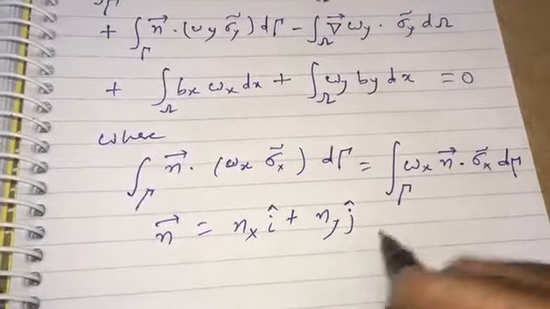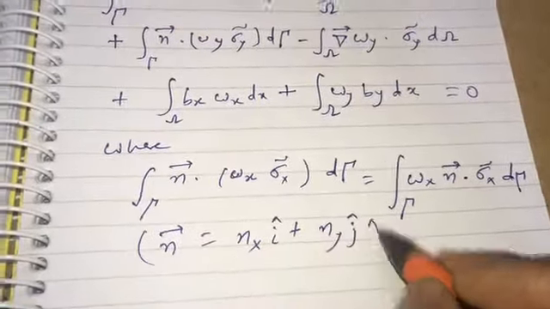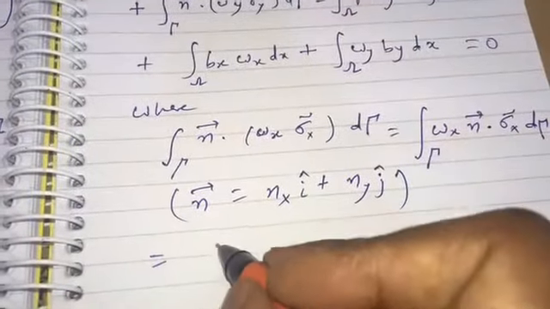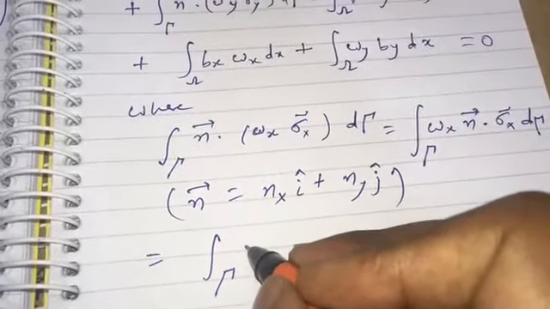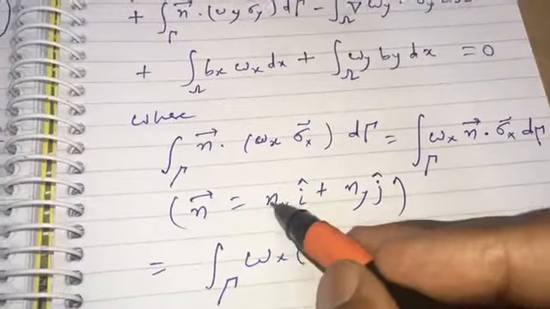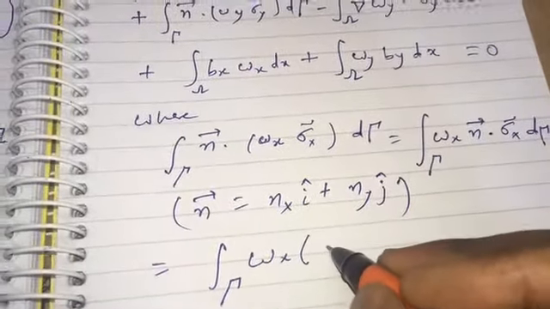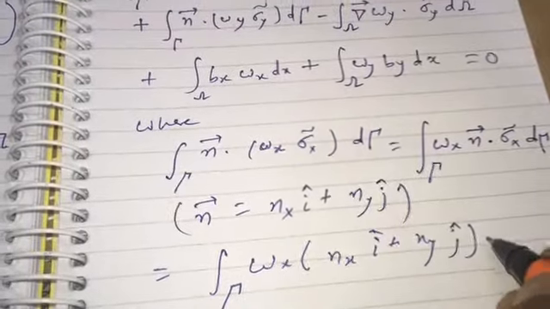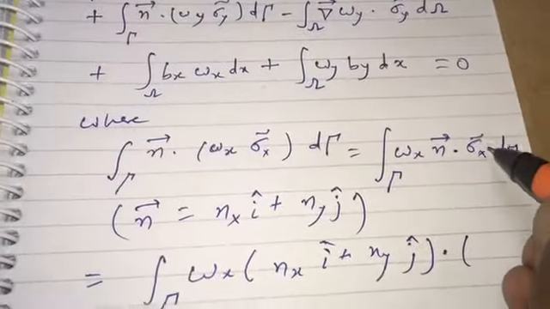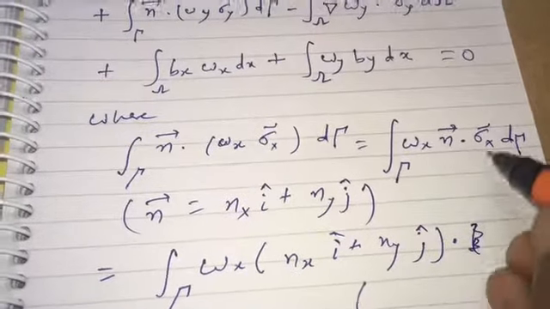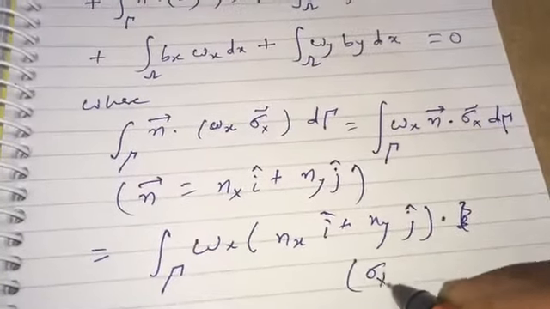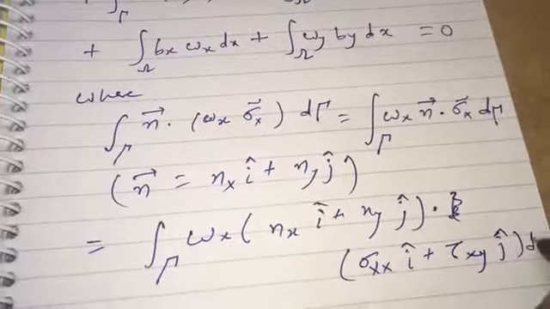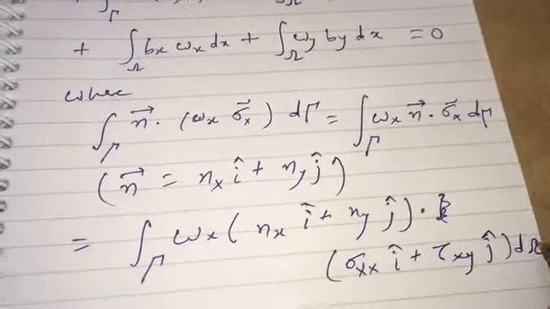If we put it there, the original equation becomes gamma, wx, and then this dot sigma vector, so nx i plus ny j dot sigma x, and sigma x is nothing but sigma xx i plus tau xy j, d gamma.